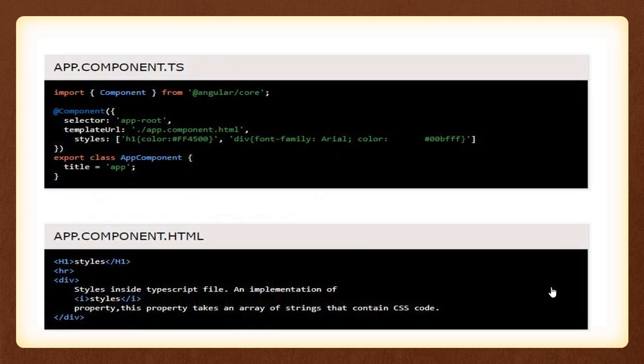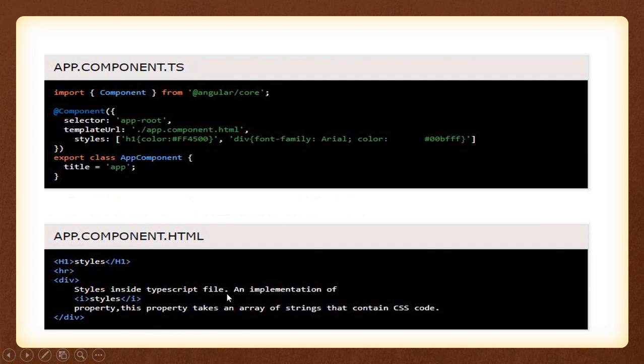So this is the app.component.ts file. In case of inline styles, we will use styles as a property, and an array of style sheets we are passing. Like I provided here h1 and color and div and font family. I wrote it inside the TypeScript file, and the HTML content looks like this.